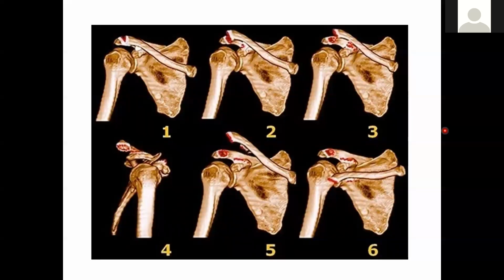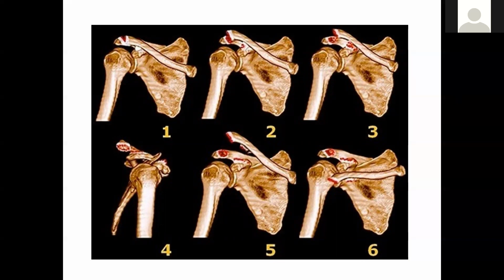There are 6 grades of AC joint separations. This is more for the radiologist to deal with, but if you do your first picture without weights and you see significant shift, you might not want to strap weights to your patient's wrists.